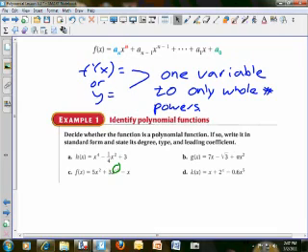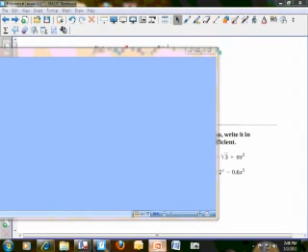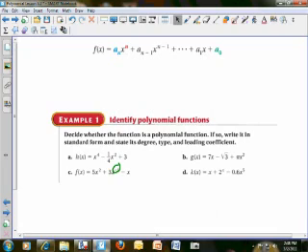Have we done a lot of stuff with polynomials? Have you done a lot of stuff with polynomials, Kristen? Yes. Okay, are lines polynomials? Let's look. Okay, give me an equation of a line.